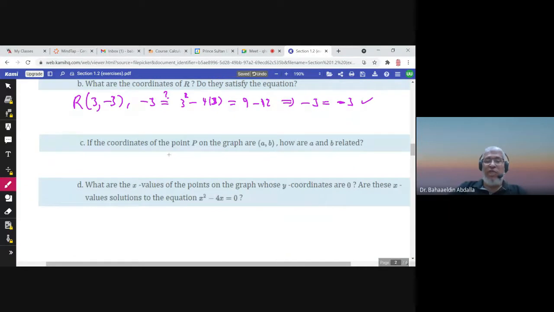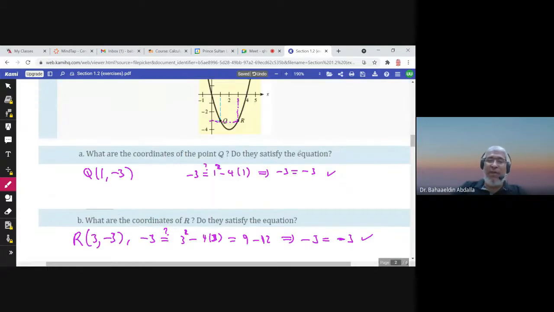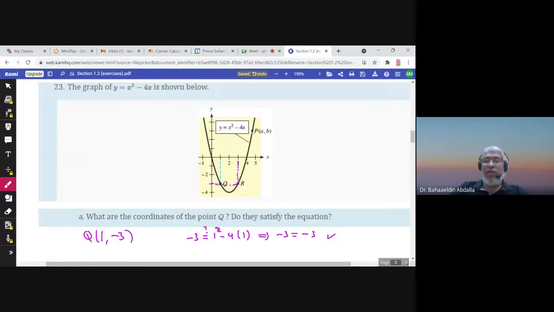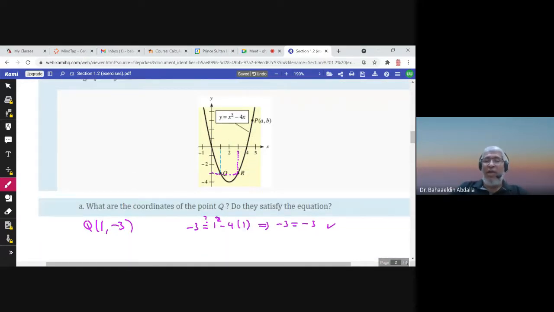If the coordinates of the point P on the graph are (a, b), how are a and b related? So this is the point P and it has coordinates (a, b). How are a and b related? Well, (a, b) is a point on the parabola, so it satisfies the equation of the parabola. So x is a and y is b.